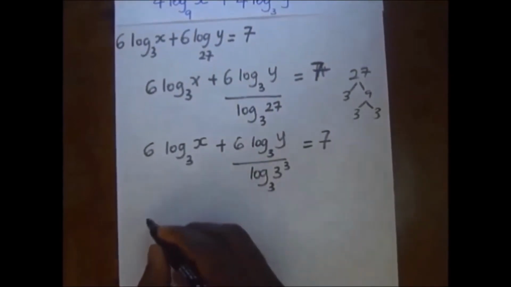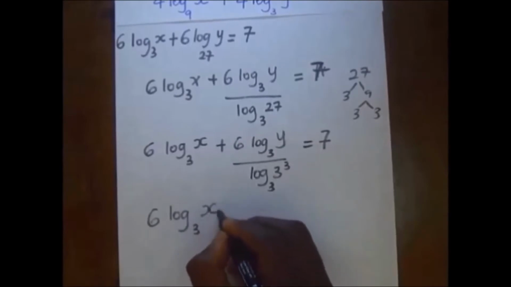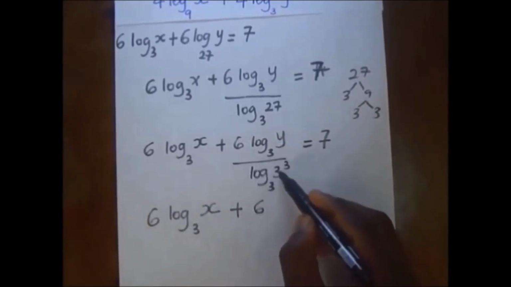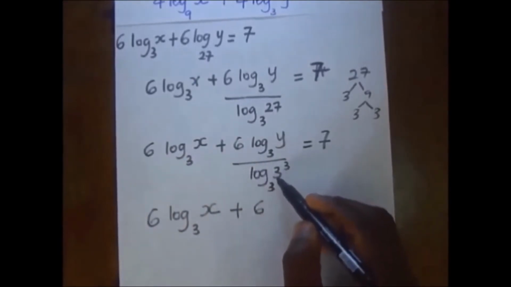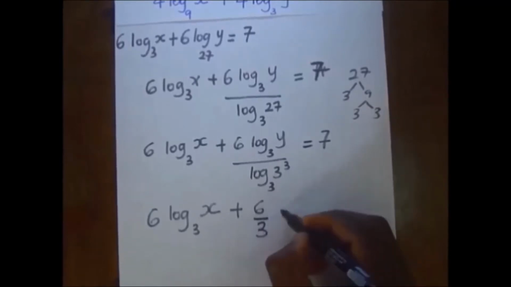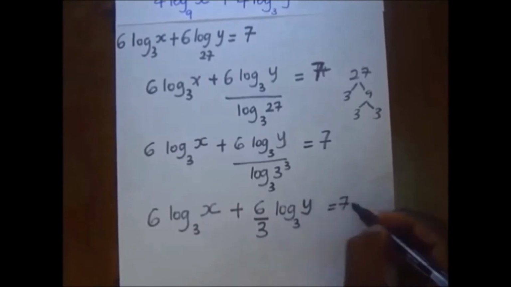So we continue, it's going to become 6 times the log base 3 of x plus 6. Now this is going to give us 3, because when this 3 comes down, it's log base 3 of 3. So it's going to become 6 over 3 log of y base 3 equal to 7.